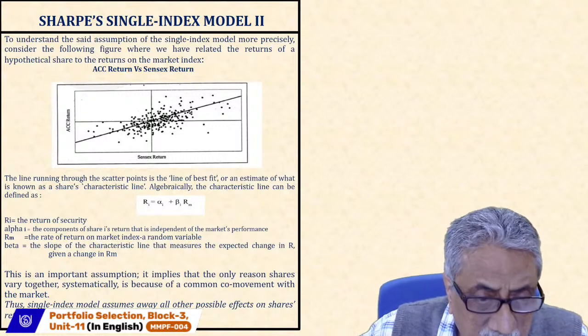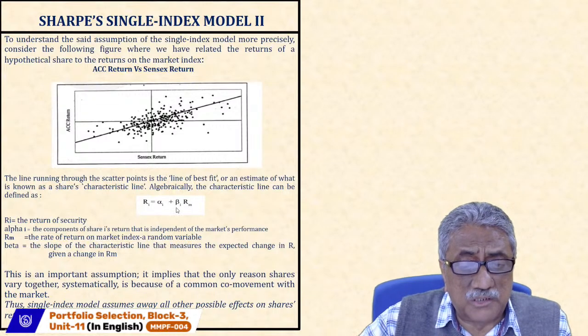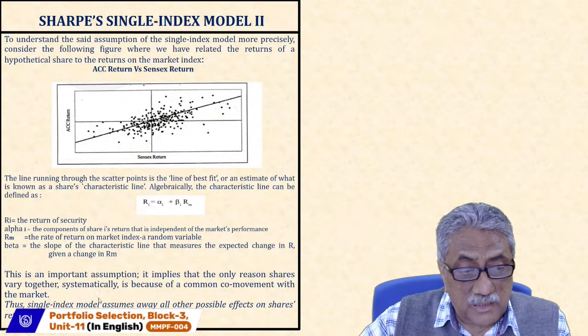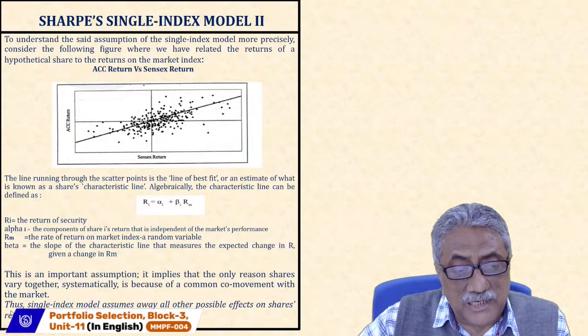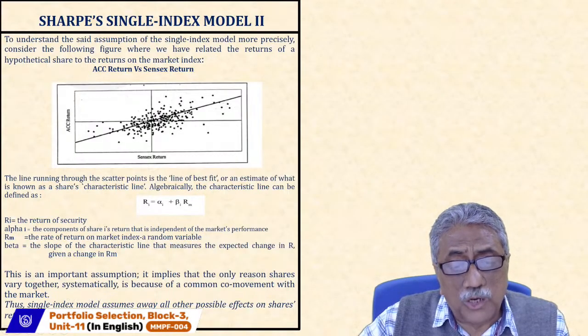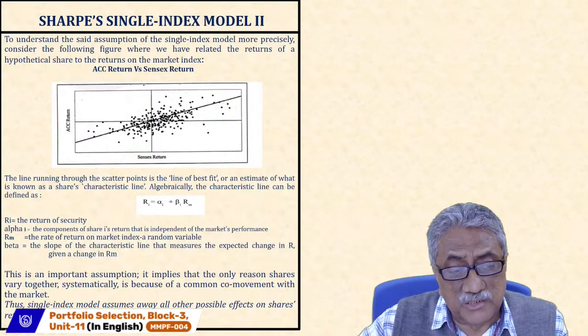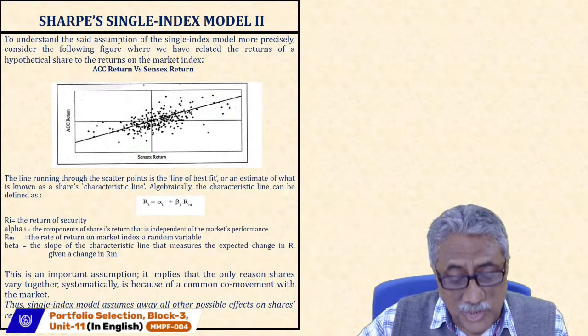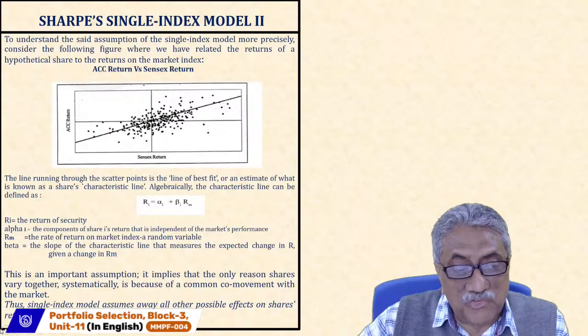This is an important assumption. It implies that the only reason shares vary together systematically is because of a common co-movement with the market. Thus, the single index model assumes away all other possible effects on share returns, such as industry effect. So what is happening? This is a repeat of the last line.